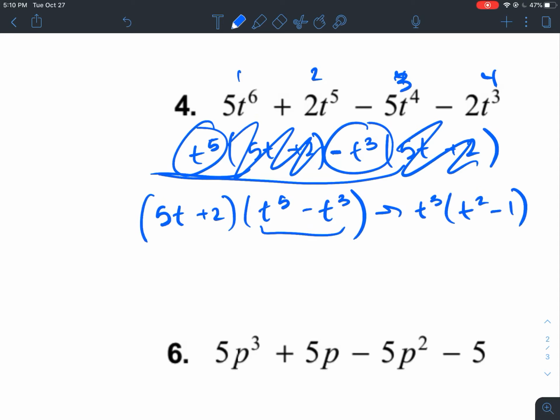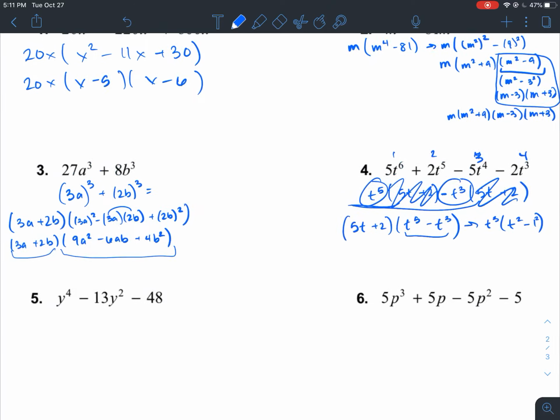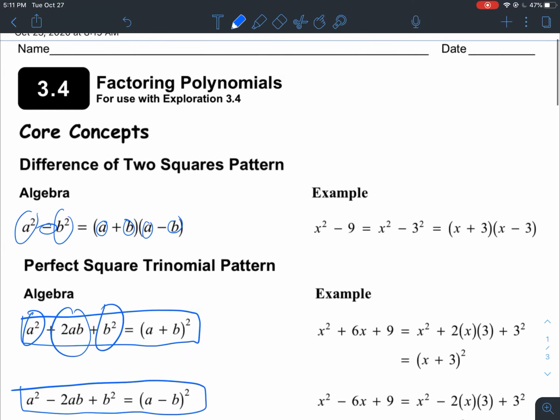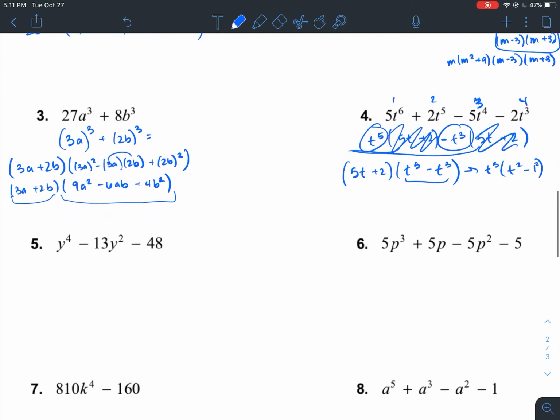Okay, now this right here should look similar to a pattern. We can rewrite 1 as 1 squared, because 1 squared is 1. So if we look up here, we're again back to seeing this pattern: something being squared minus something else being squared.